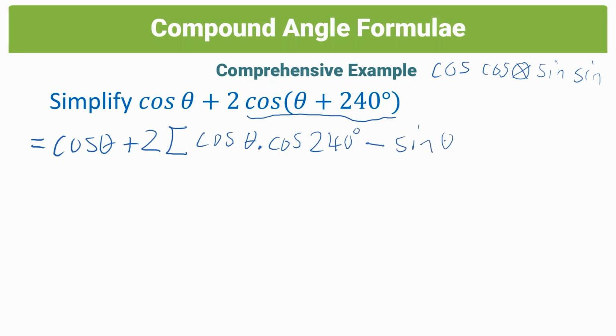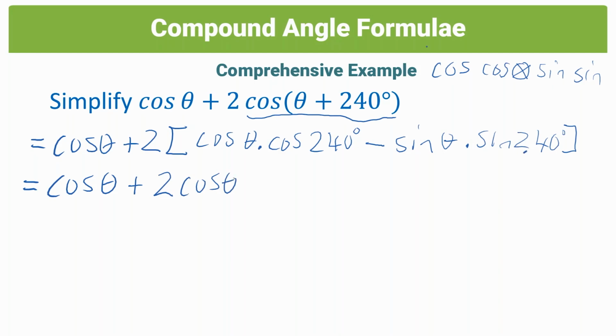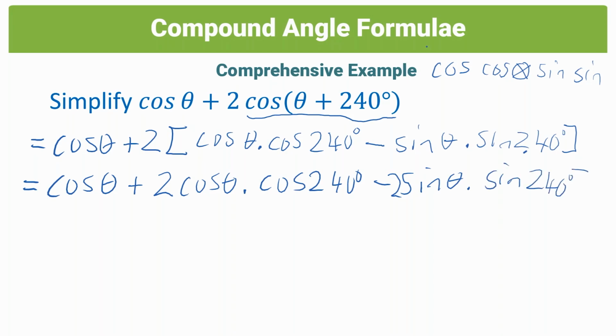Now we make it sine theta times sine 240 degrees. Now we can further simplify this to cos theta plus 2 cos theta times cos 240 degrees minus 2 sine theta times sine 240 degrees.